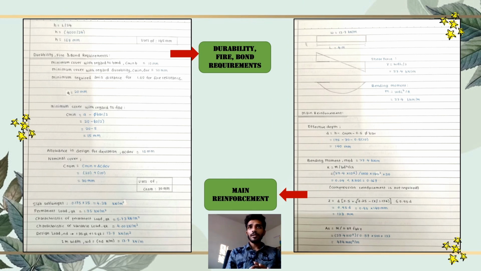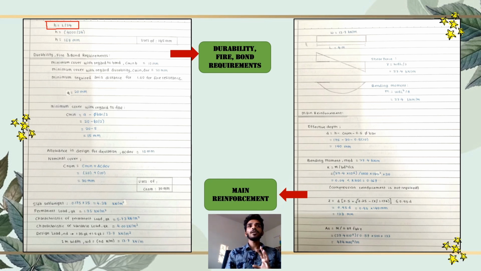Now, the second thing that I'm going to explain is the durability, fire, and bond requirements. For this, we would like to know the value of h, which is the height. Height is not given, but all the other information related to how to determine the height is given. The formula that we're going to use is h equals length divided by 24.